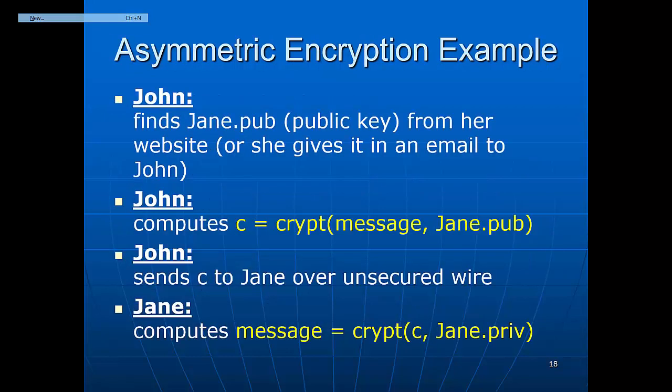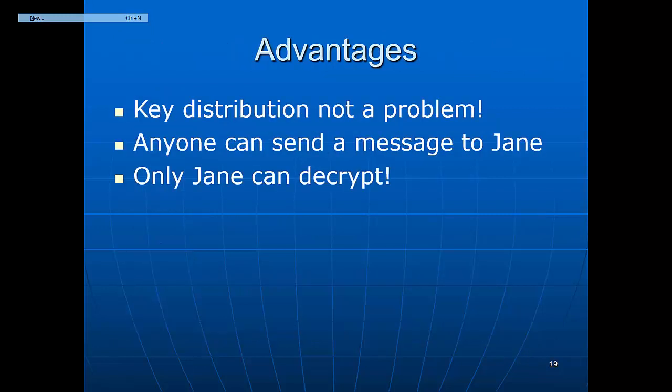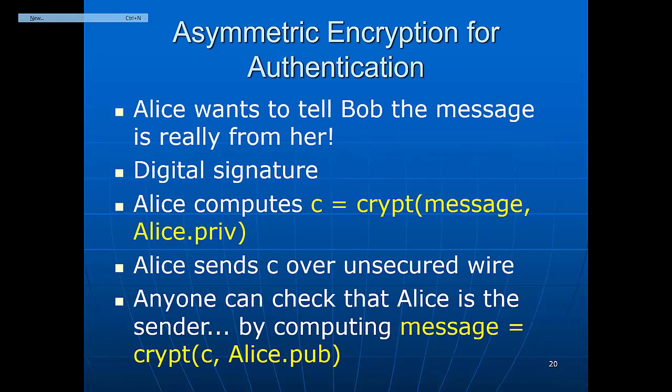This just goes over what I just said. Again, John uses Jane's public key to encrypt it, and Jane uses her private key to unencrypt it. So obviously key distribution isn't a problem as long as Jane is able to keep her private key private.